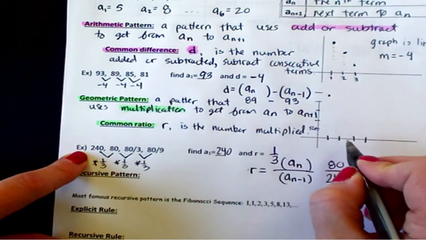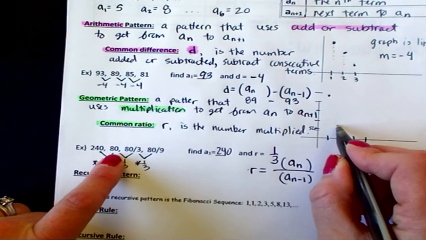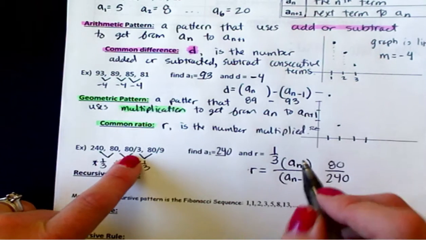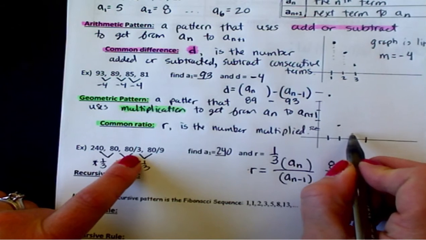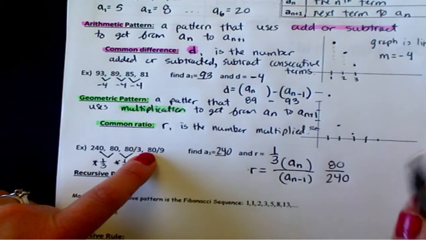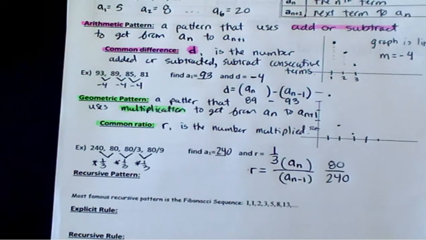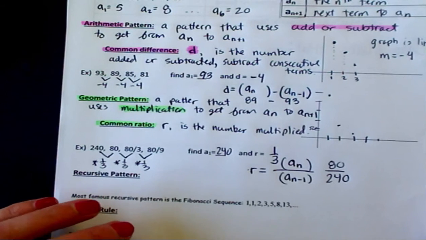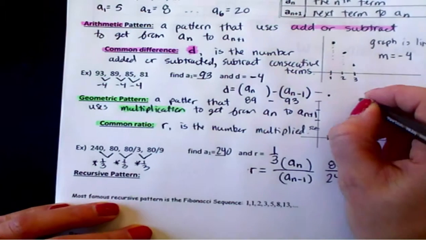The second one is here. 80 over 3 is like 20-ish. 80 over 9 is like this. What does it kind of look like? It kind of looks like an inverse relation. It's closer to something else. Exponential decay. It's exponential.